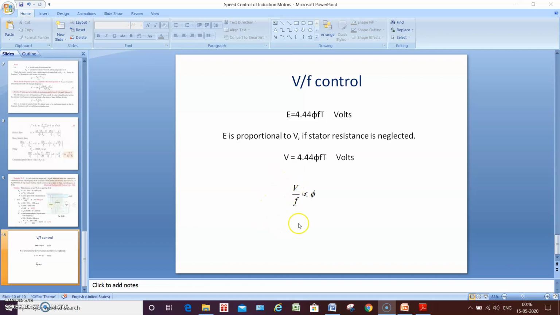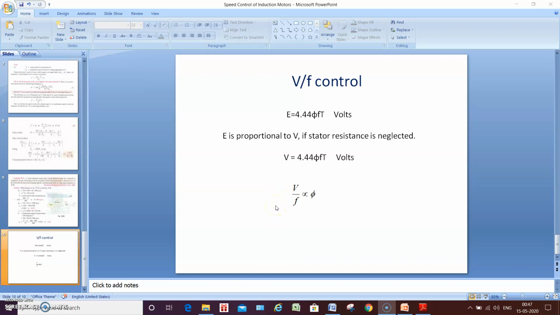So by keeping this ratio constant, but varying both voltage and frequency by a certain ratio, you are varying the speed, while the flux is also maintained constant. To keep the flux constant and make better operating conditions of the motor, we vary voltage and frequency simultaneously. This is what is represented as the V by F control method.